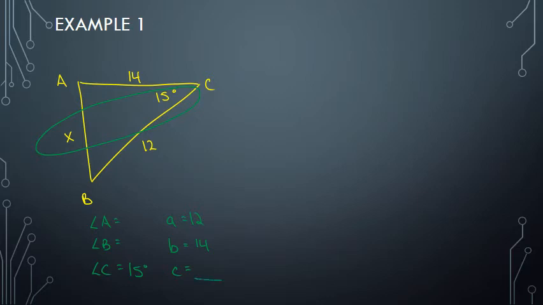Anyway, I'm looking for side C, so I'm going to use the C version. So it's C squared equals the other 2 sides, A squared plus B squared. And then it's going to be minus 2 every single time, and then those same 2 sides, AB times cos of whatever angle you were dealing with, which was C. I'm going to go to orange here.